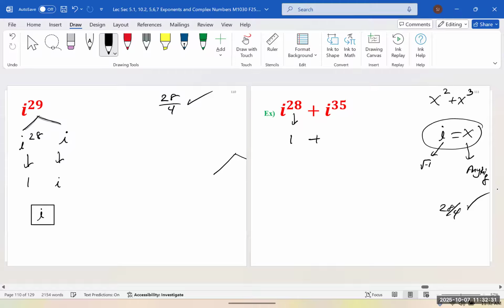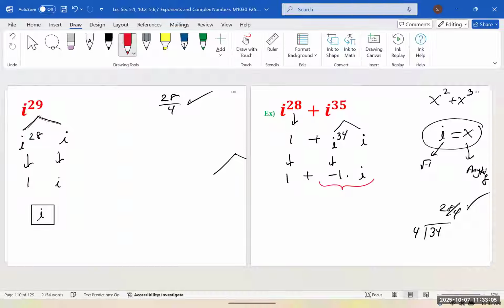Now for 35, is 35 odd or even? Odd. So you have to split. i to the what? 34 and 1. Now 34. Can you divide 34 by 4 evenly? No, we can divide 36, but not 34. So this gives us negative 1. So negative 1 times i, and you have positive 1.